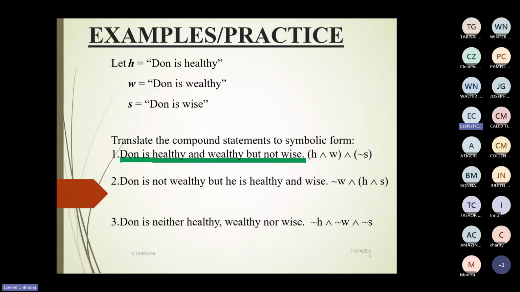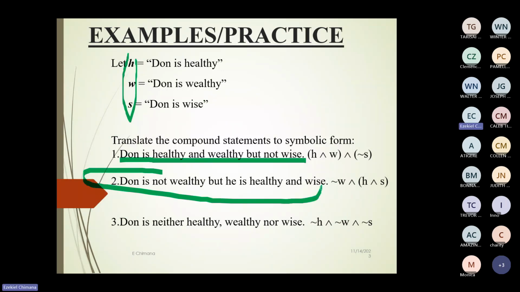If you look at this one, we've got three statements. So Done is health, which means you are looking at H, and which means you are joining it with this one, Done is wealth, W, which means we have H and W, but not wise, which means and the negation of S.